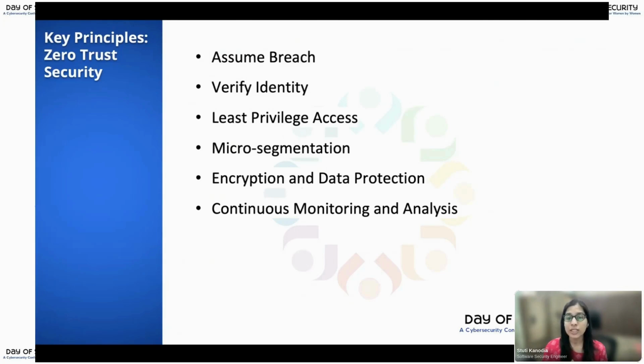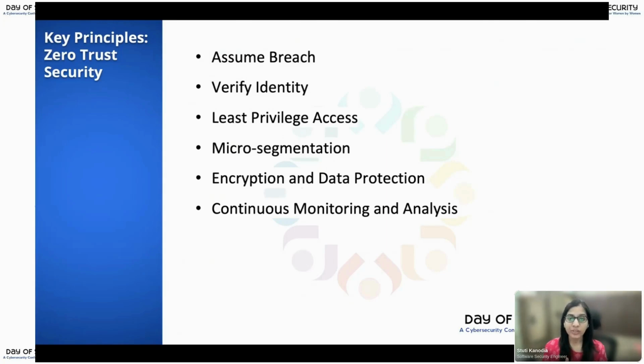Now coming to continuous monitoring and analysis. It's not the last but a very important point in zero trust security, because this is the first step to know if something has happened or not. For example, if you have built an application but there is no way to check who is accessing it, how, from where, and how many hits have been made, it may be too late to discover what type of attack has happened.